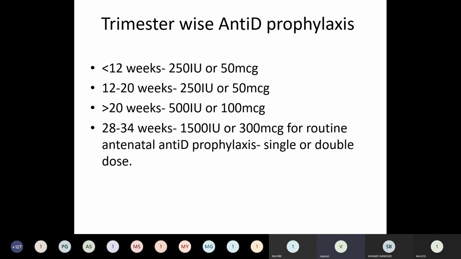The ACOG recommends that a single dose should be given, whereas the British prescribe a double dose. The single dose is at 28 weeks; for the double dose, one is at 28 weeks, the other at 34 weeks. In India, because the cost of the anti-D is very high, we prefer to give a single dose of anti-D at 28 weeks of pregnancy.